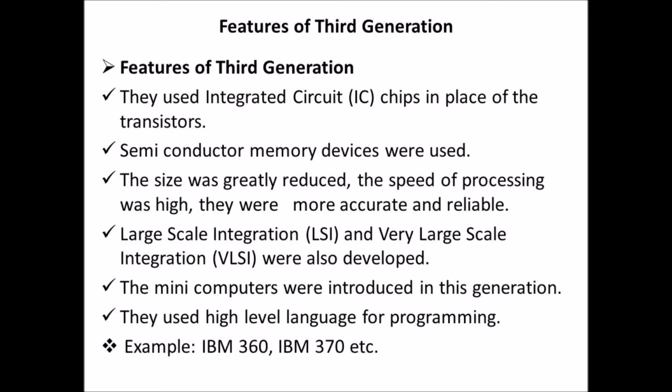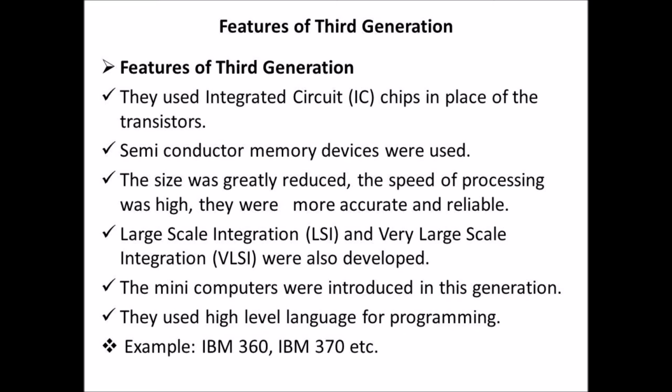Features of third generation computers. First one, they used integrated circuit chips in place of the transistors. Second one, semiconductor memory devices were used. Third one, the size was greatly reduced, the speed of processing was high, they were more accurate and reliable.